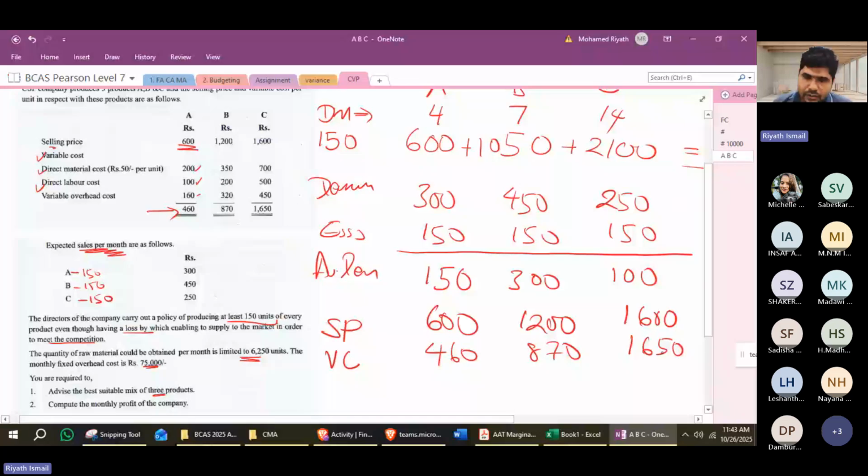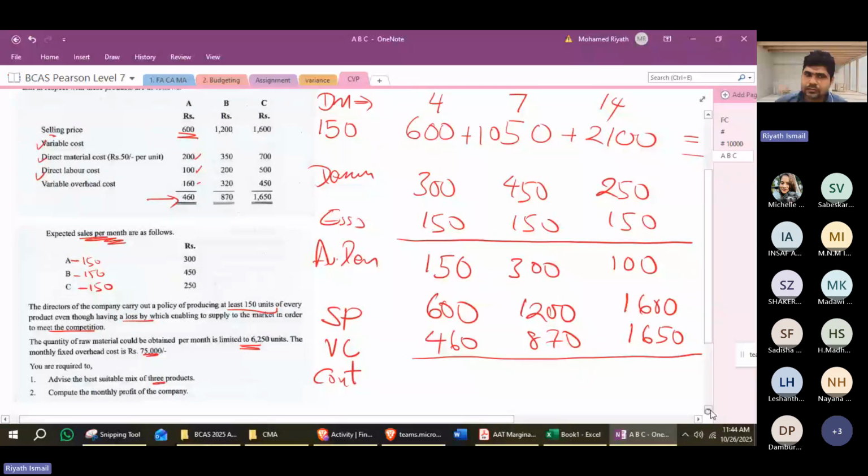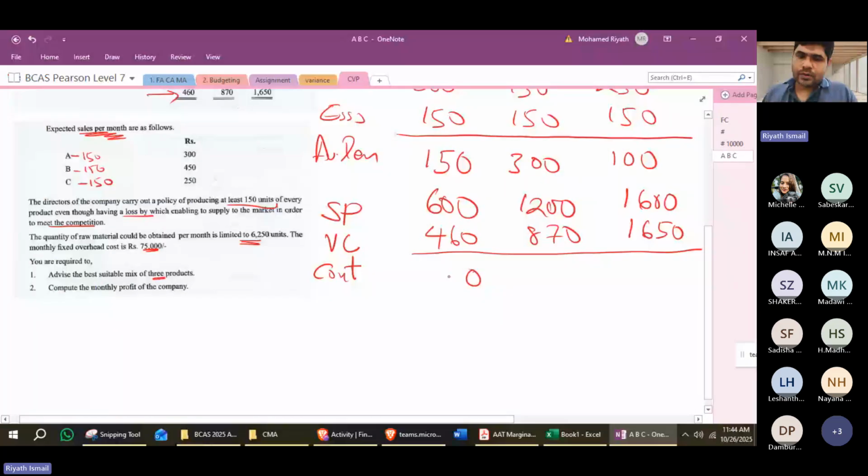How much contribution? Contribution 140, right? Here 330, and here 950.